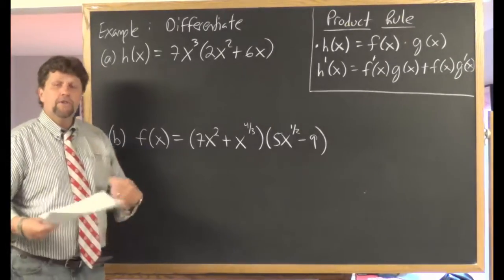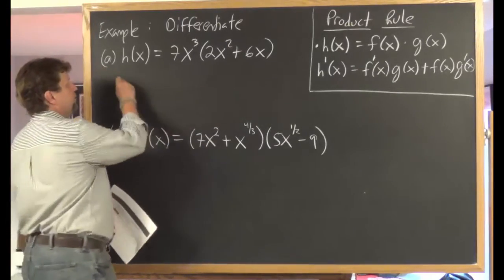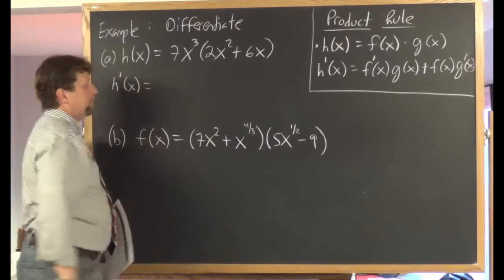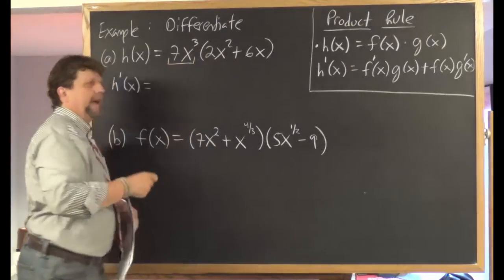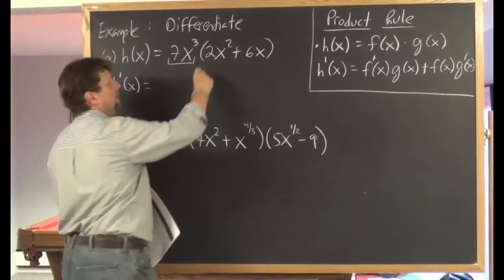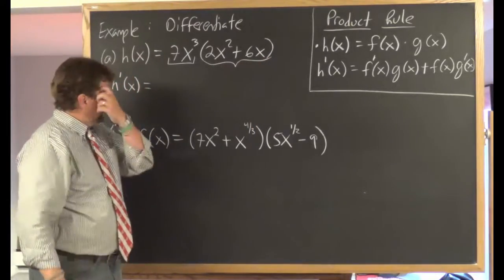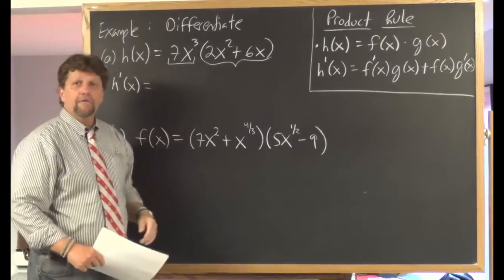And then here's where we left off, the example, differentiate the following functions. I just want to practice using the product rule. So when I get the derivative here, I need to identify 7x cubed. That's my first function. And the 2x squared plus 6x is the second function. See, I have a function times a function, and I'm going to call that one the first function.